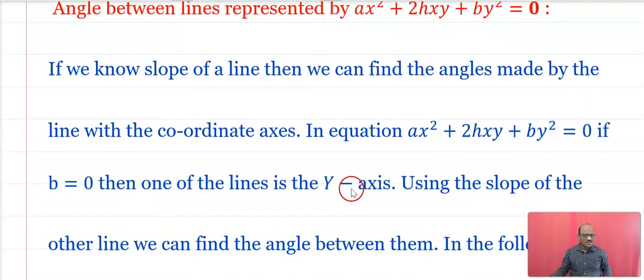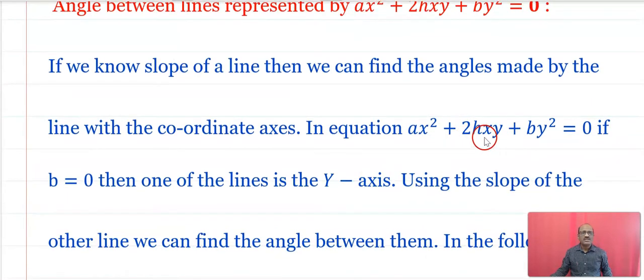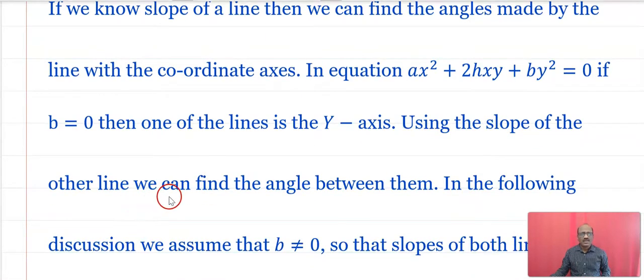In the equation ax square plus 2hxy plus by square equals 0, if b is equal to 0, then one of the lines is the y-axis. Using the slope of the other line, we can find the angle between them.